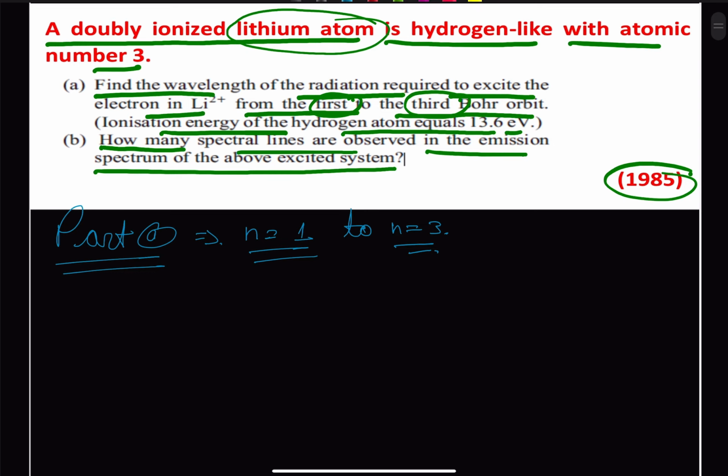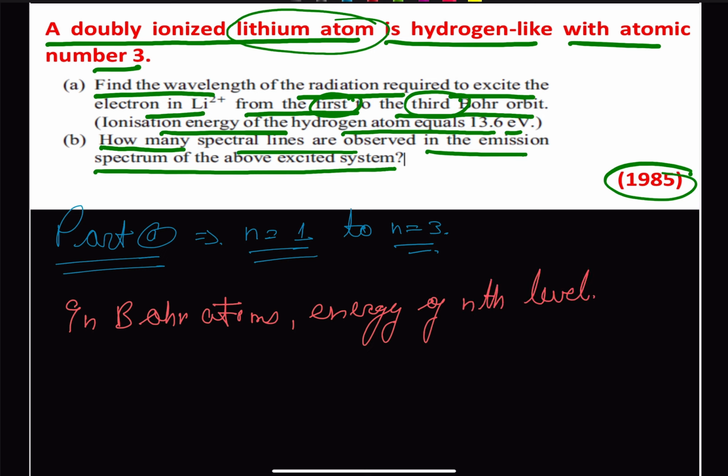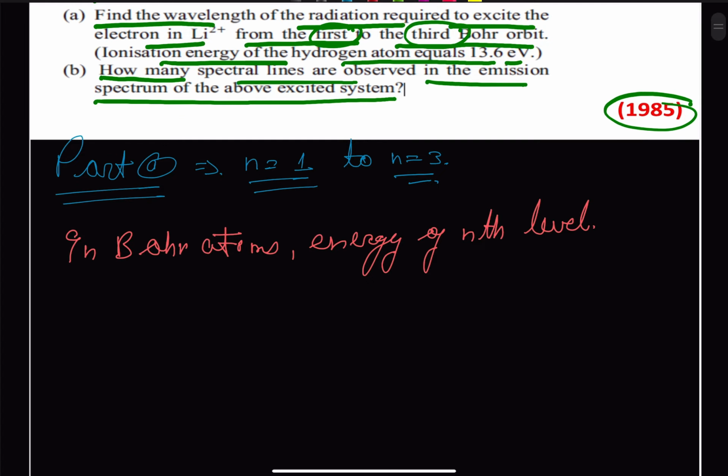And we know that for the Bohr atom, the relationship for the energy of the nth level is given as E of n is equal to minus 13.6 into Z square upon n square, and this is in electron volt.